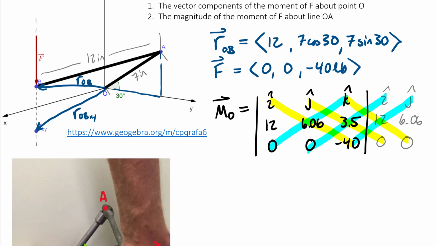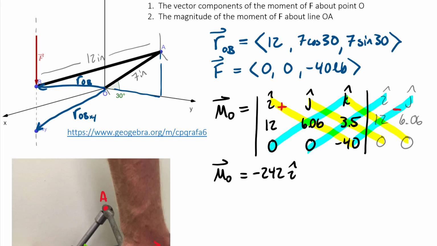So the only two terms that will be non-zero come out of this slope right here and this slope over here. I just labeled those as the positive and negative because of the positive slant and the negative slant to find those values. And so computing this determinant, we find that the components for a moment about point O as a vector are going to be negative 242 in the i hat.